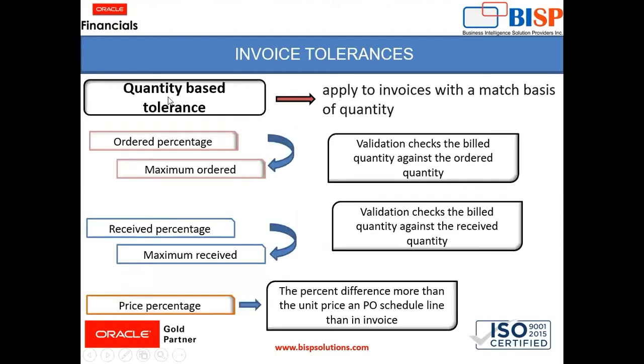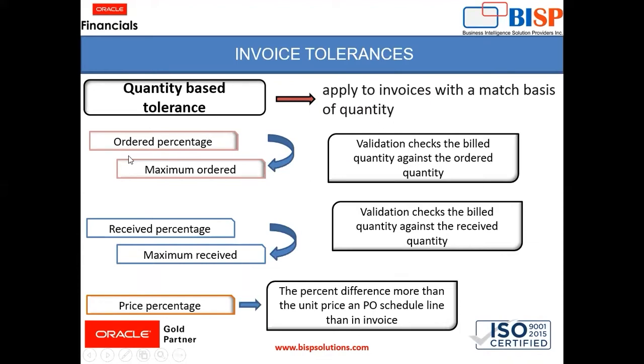Now, there are two types of invoice tolerances. First, quantity based tolerance. It applies to invoices with a match basis of quantity. Here, the main focus will be on the quantity for giving a tolerance level. There are different types of quantity based tolerance.